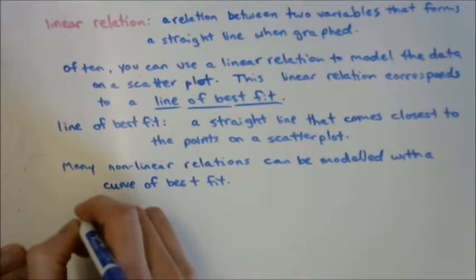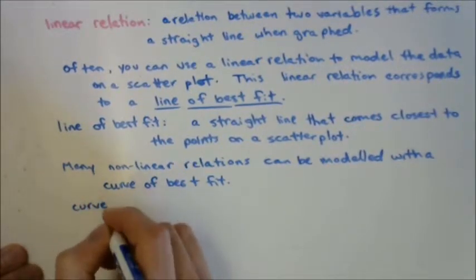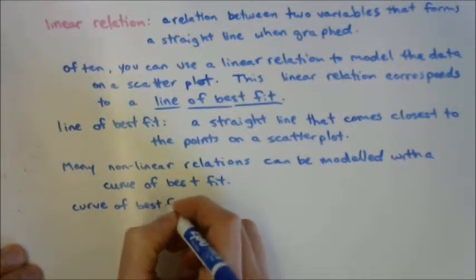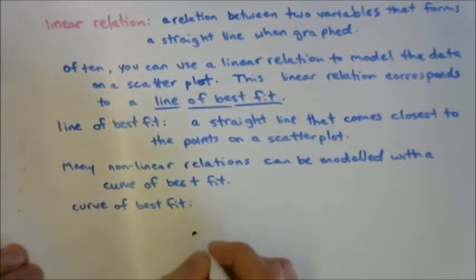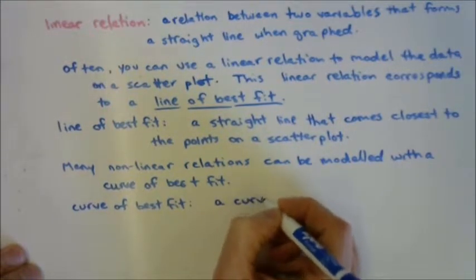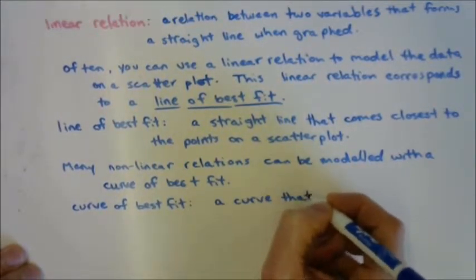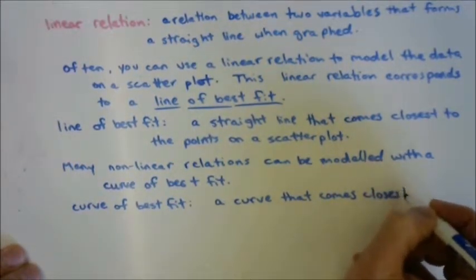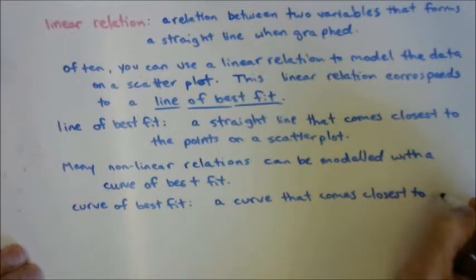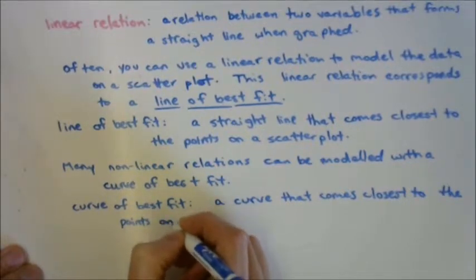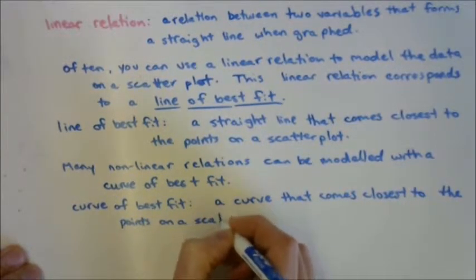So, what's a curve of best fit? This is your last little note. Curve of best fit. Just like a line of best fit, except it's a curve, that comes closest to the points on a scatter plot.